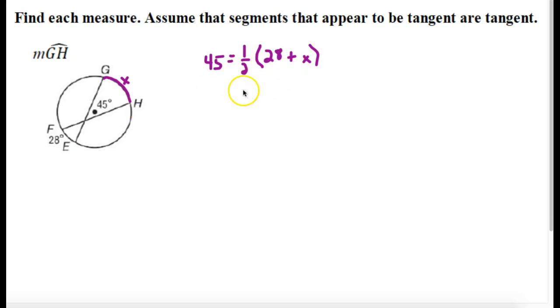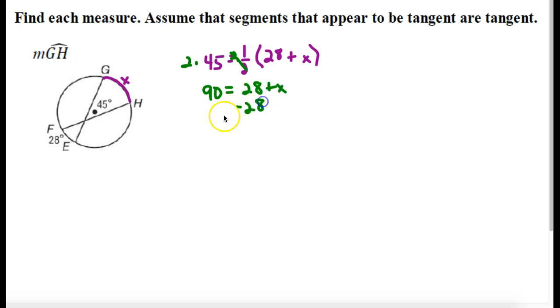Now, to solve for x, the first thing I could do is, if I'm multiplying by 1/2 over here, to undo that, I can multiply both sides by 2, right? Multiplying by 2 and 1/2 would cancel each other out, so we get 90 equals 28 plus x.